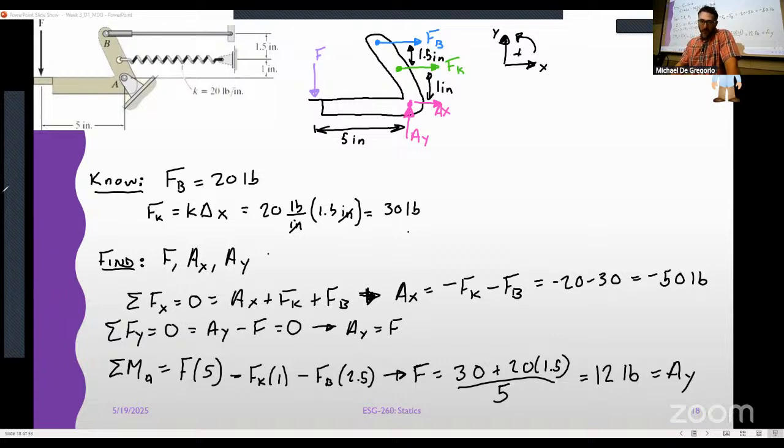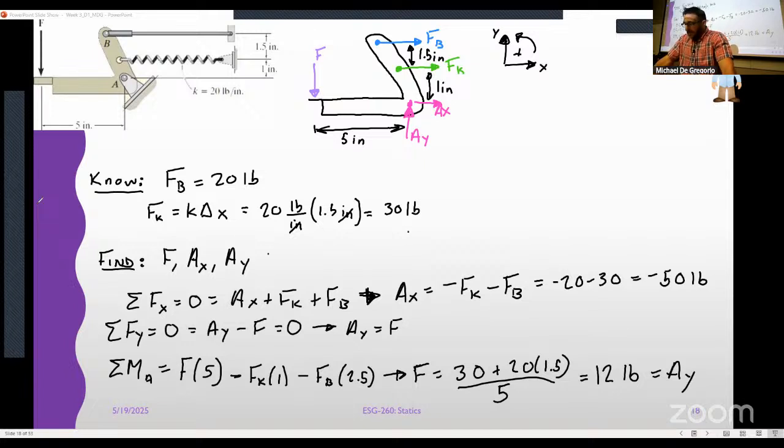All right, and so, if, let's say this is the base part, right? If I push down here and this was allowed to spin around that pin, it would cause a counterclockwise rotation, right? Yes.